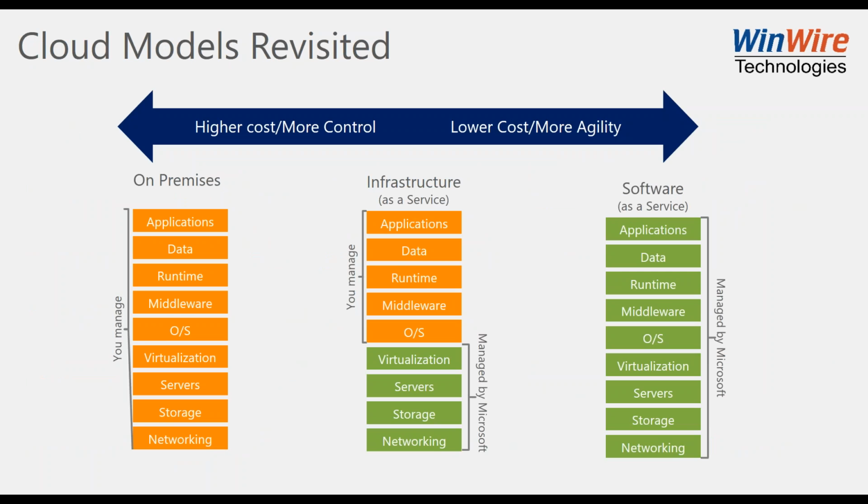Let's talk a little bit about the cloud model in general, right? So a lot of companies today are shifted to the left. They are typically on-premise, and so of course with that, it's higher cost, but the advantage is you have more control. Many companies are shifting to the middle, where they're willing to take their infrastructure as a service and kind of manage it, and then turn over a lot of the nuts and bolts to Microsoft or other cloud providers for that matter.